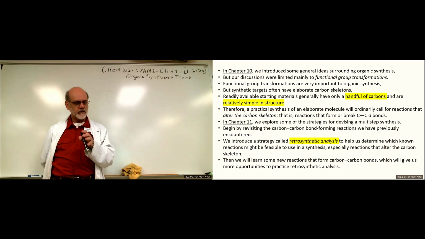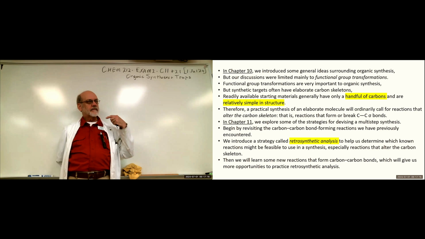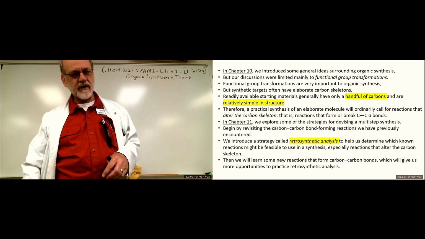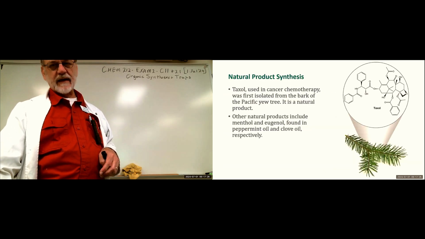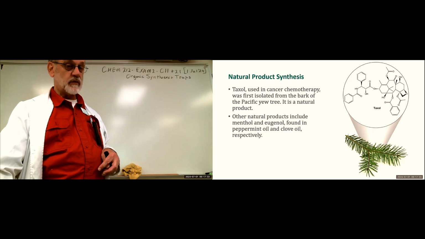So when you do this retrosynthetic analysis, you may actually be walking into a trap. So we're going to try to figure out how to avoid some of those traps. Well, there's a pretty complicated molecule, Taxol, used in cancer chemotherapy.